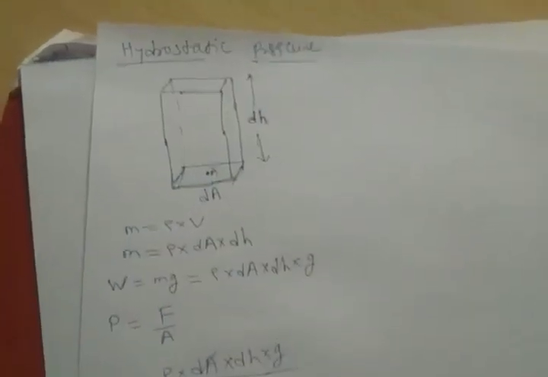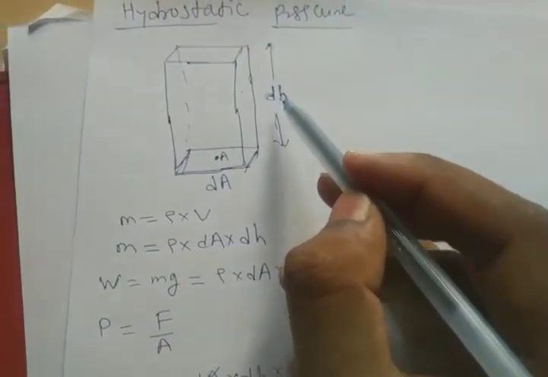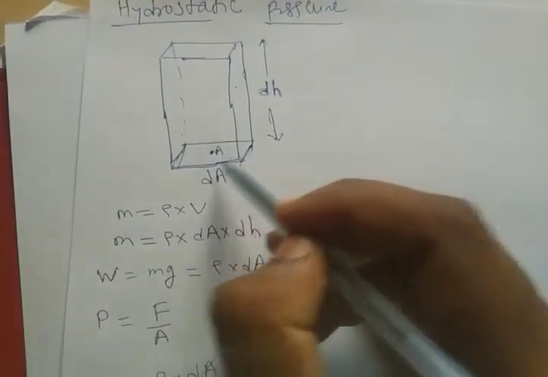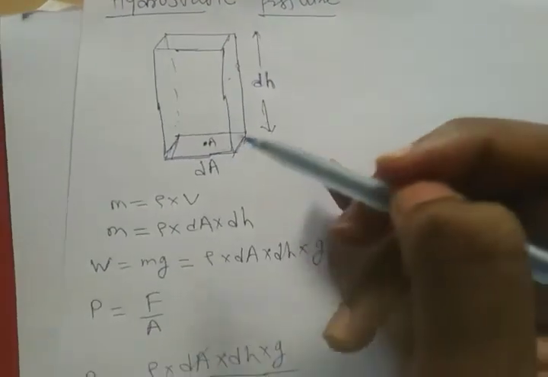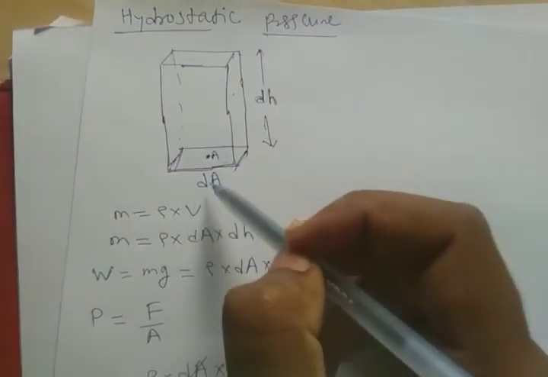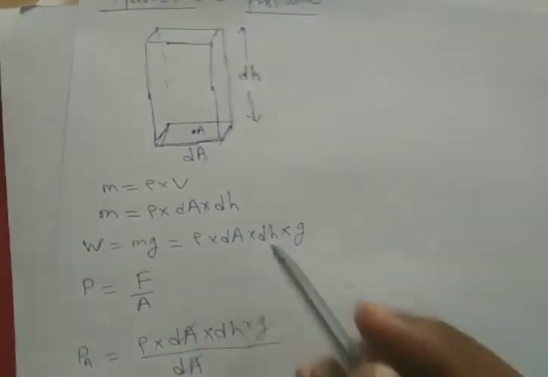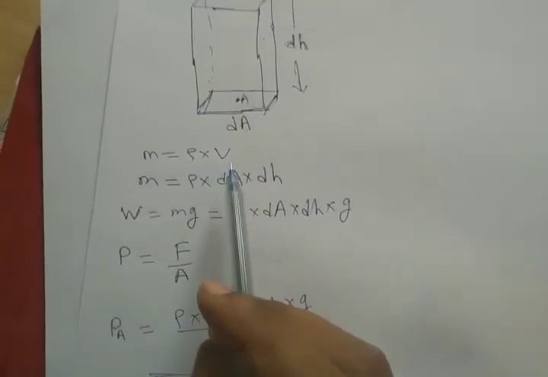So this is it. Let's revise it. Hydrostatic pressure: this is the water column, and this is the height of the water column dh, this is the area of the water column. Actually for hydrostatic pressure we don't need the area, because it will get cancelled. So we just need the dh and the gravitational acceleration. So we have mass equal to density into volume.